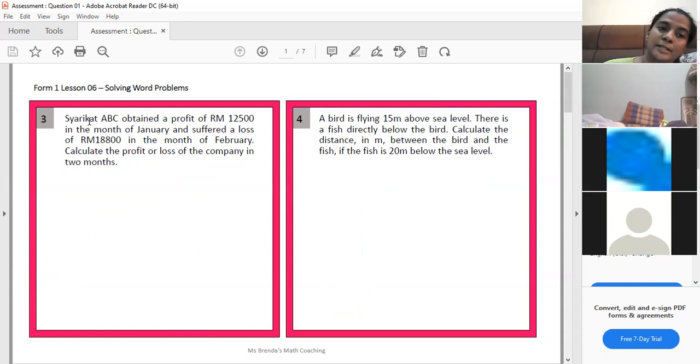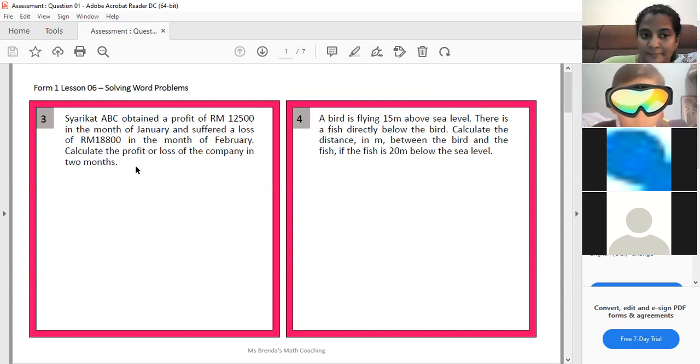Now, number 3, Company ABC obtained a profit of 12,500 in the month of January and suffered a loss of 18,000 in the month of February. Now, can you see? Profit January, so much. February was a loss of so much, 18,000. Calculate the profit or loss of the company in 2 months.